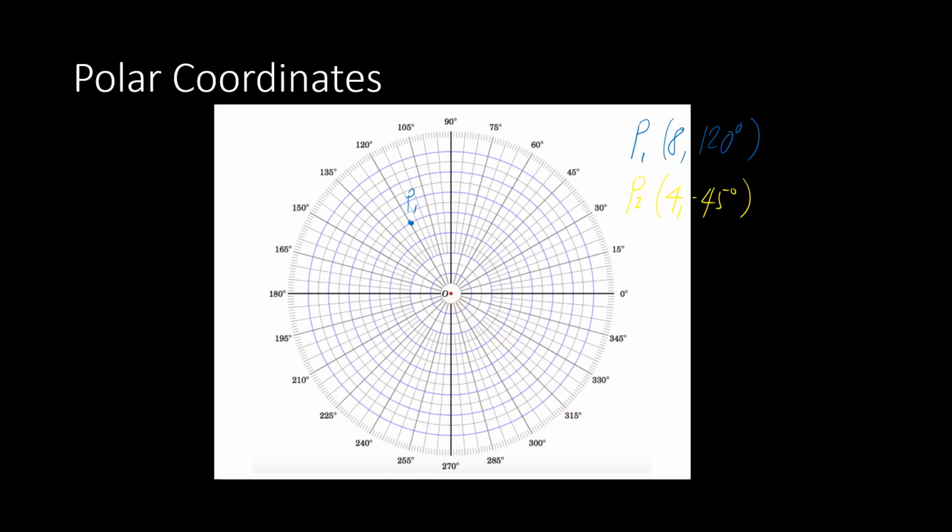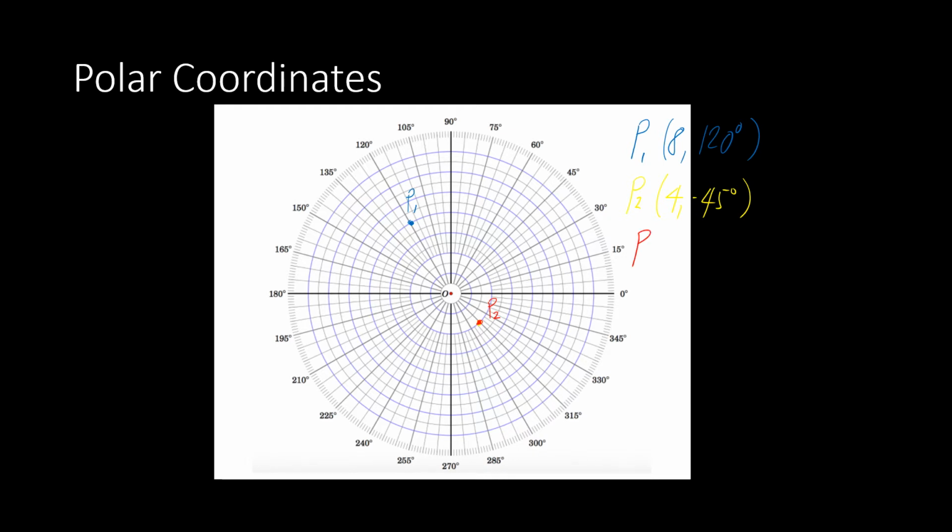So we count 4 units, 2 and 4. Okay, let me change the color. Let me use a red one. So that is the location of P sub 2.